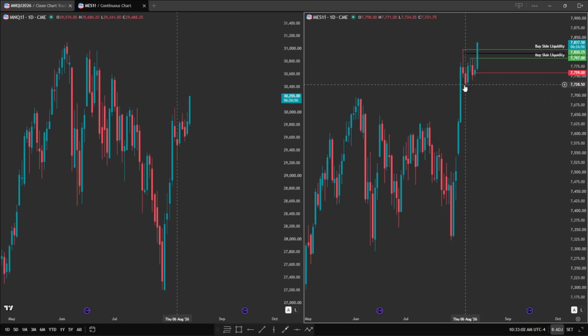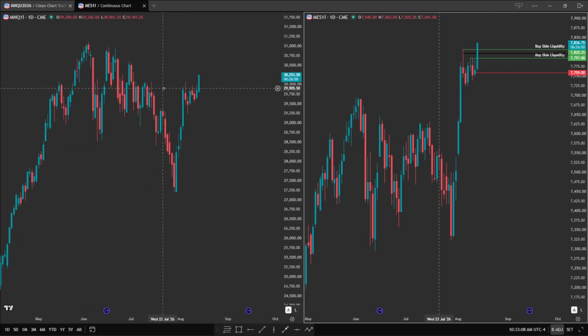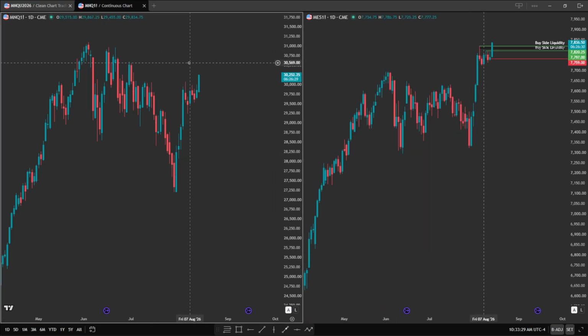These nice little equal lows right here. I think if NQ is going to actually go to all-time highs, it'll offer a discount on the daily chart and take lows first. Because this does look very bullish on a higher weekly basis.